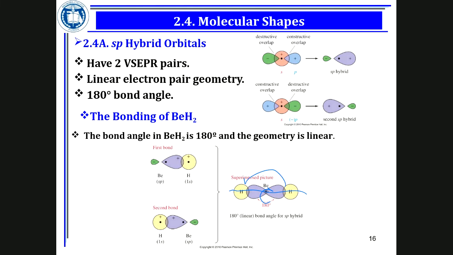But 1 s and 1 p orbital give you 2 hybrid orbitals, and the hybrid orbitals determine the shape and the angle for the central atom, and that's how we can justify the shape and the bond angle for the carbon that has sp hybrid. Very good.